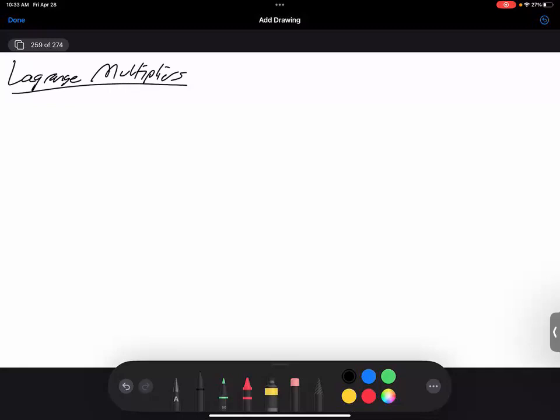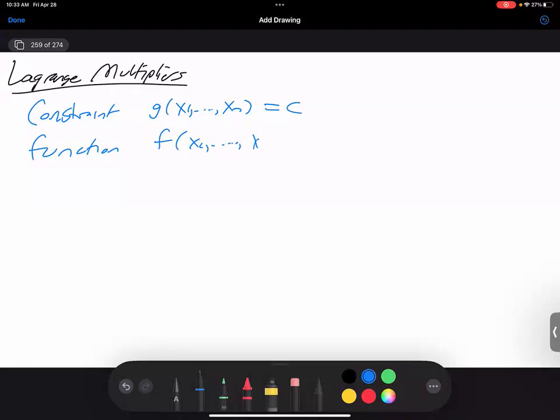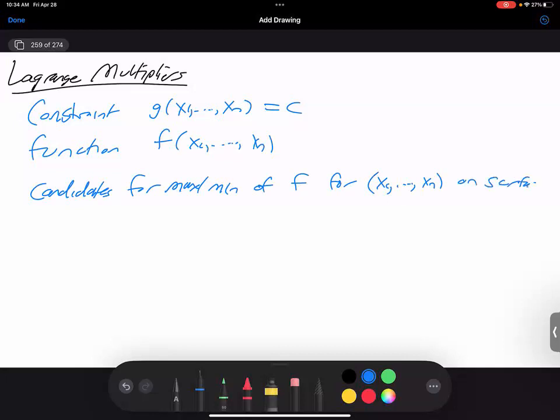So, Lagrange multipliers. We have a constraint, say, g of x1 through xn equals c. We have a function f of x1 through xn, and then the candidates for max or min of f for x1 through xn on the surface satisfy: the gradient of f is lambda times the gradient of g.